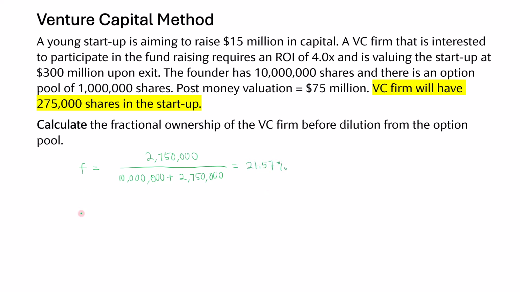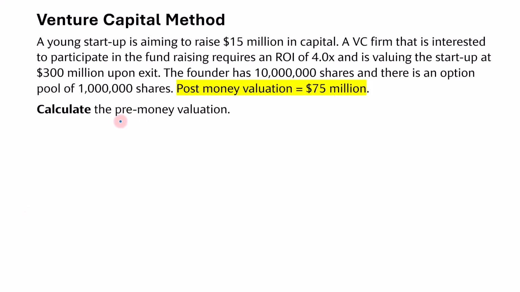Of course, after dilution, the fractional ownership for the VC will be 2.75 million divided by the 10 million shares plus 2.75 million, and now we add the 1 million shares, assuming that the employee exercises the 1 million shares. Then that will be equal to 20%.